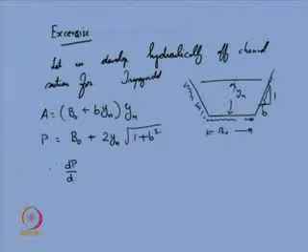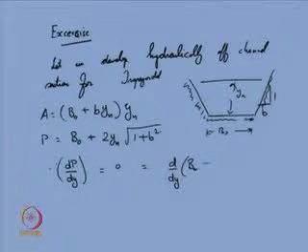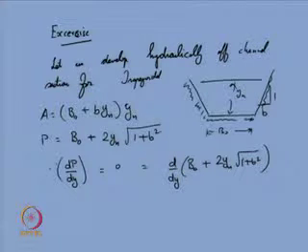To obtain the hydraulically efficient cross section, your dP by dy should be equal to 0. That means, d by dy of B0 plus 2 yn root of 1 plus B square.